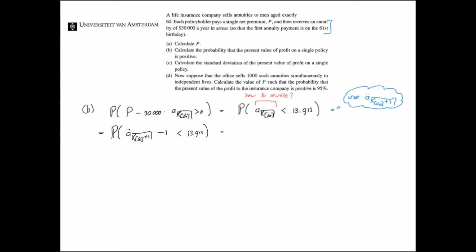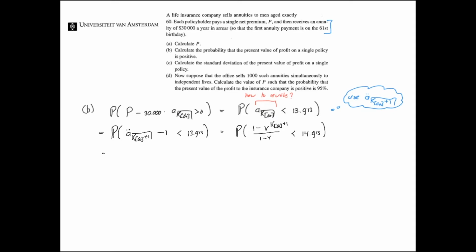And then we say this is equal to, and the formula is (1 minus v to the power K60 plus 1) divided by (1 minus v), and this should be smaller than 14.913. So I move the 1 to the other side.